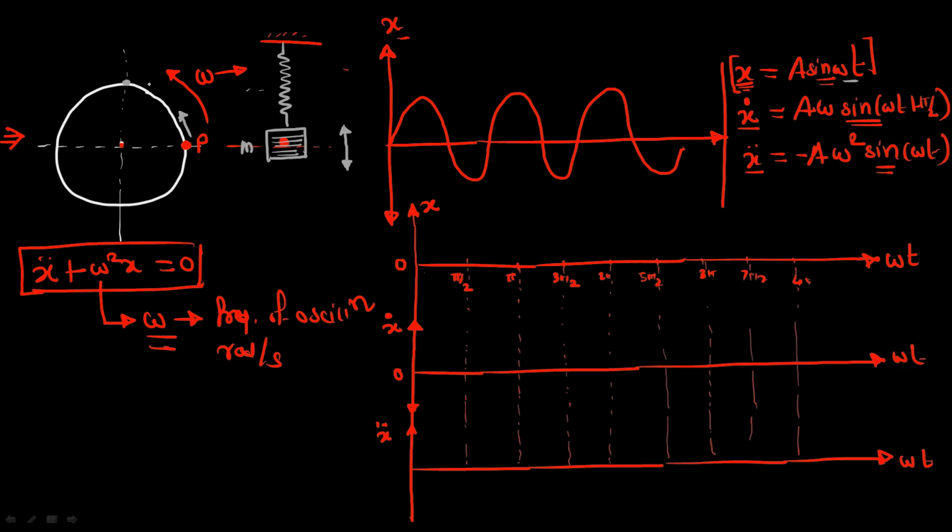So I will represent this level. So this is the amplitude. Okay. Similarly, on the negative side, this is the extension of the spring.